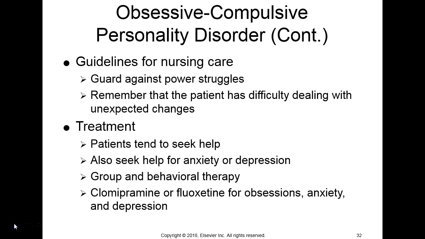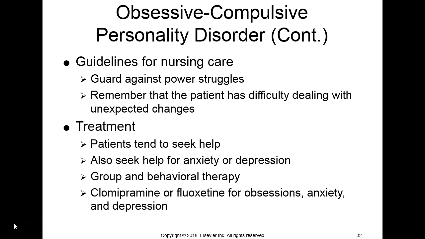So as far as this being a disorder and a style of relating to people, it is a personality disorder. I hope that you're understanding the difference between this and true OCD, obsessive compulsive disorder, in that in the personality disorder, they don't have the intrusive, obsessive thoughts and then the behavior which goes along with it, which would be the compulsion.